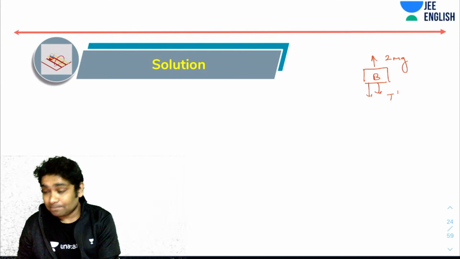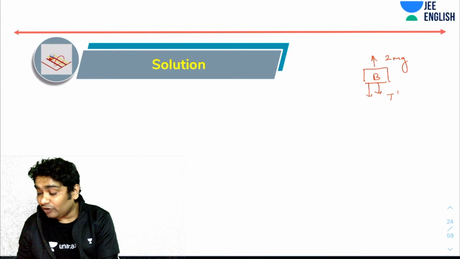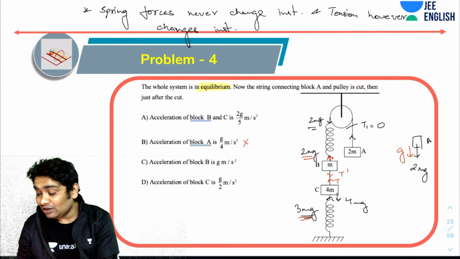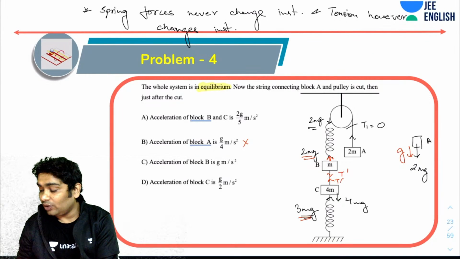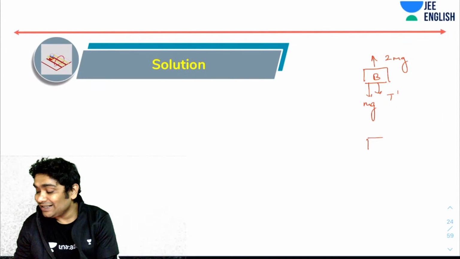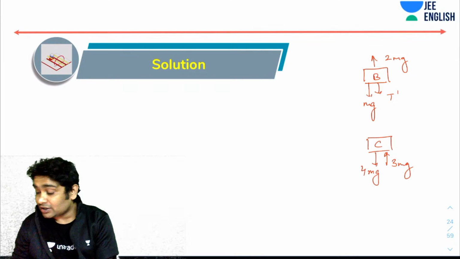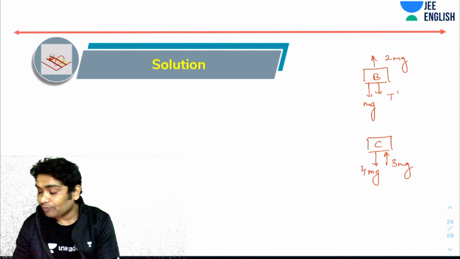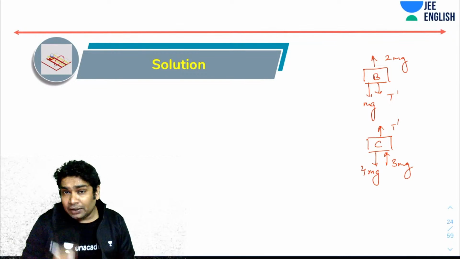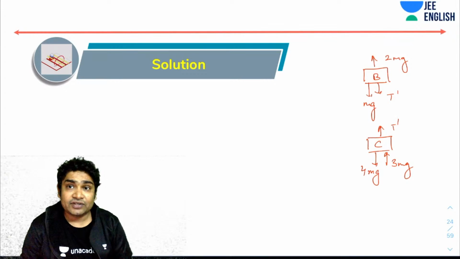On C, I would have seen an upward force of 3 mg, some T dash above, and 4 mg downwards. For C, 4 mg acts downwards, 3 mg is the push force of the spring, which can never change instantaneously, and then some T dash upwards.